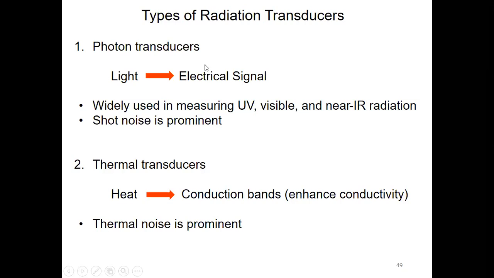In most cases, photon transducers are used. What happens in the photon transducer is that light is converted into an electrical signal. Light comes as photons, so we can call photons the light, like energy packets, and this light is converted into an electrical signal. That is what happens in the photon transducer.